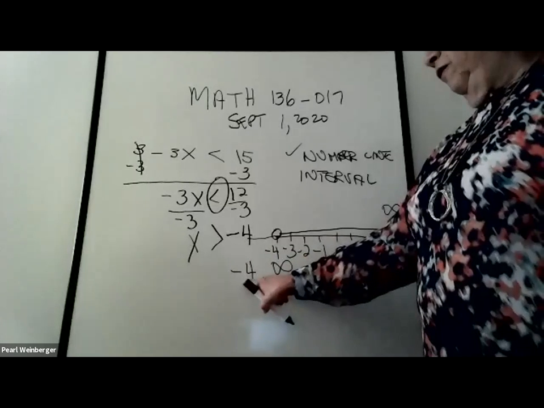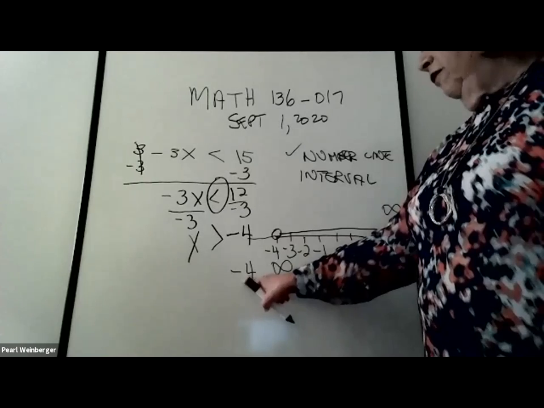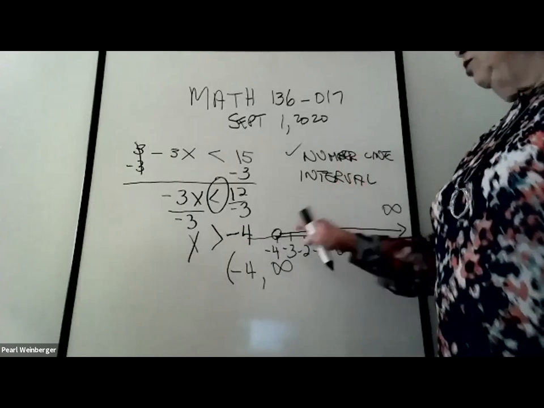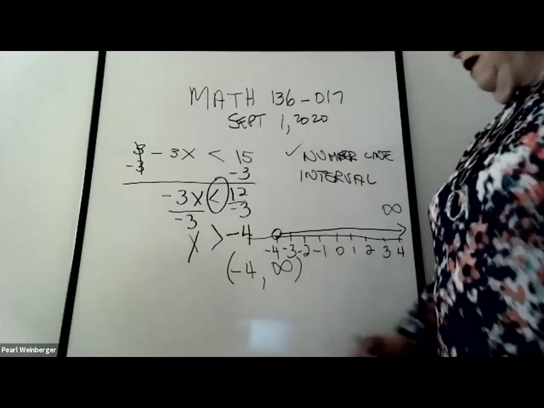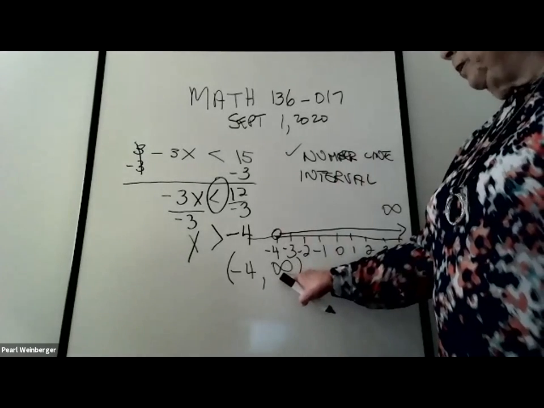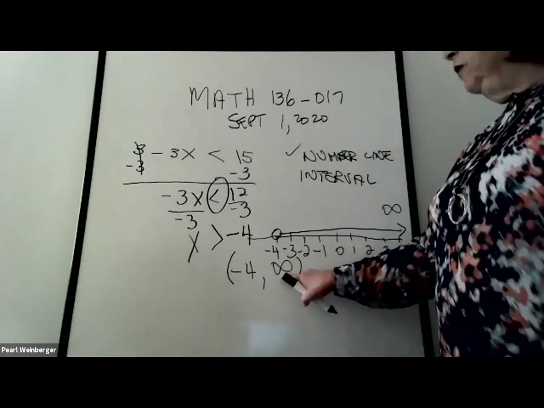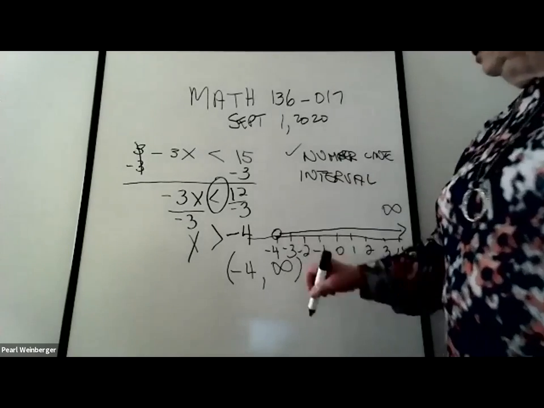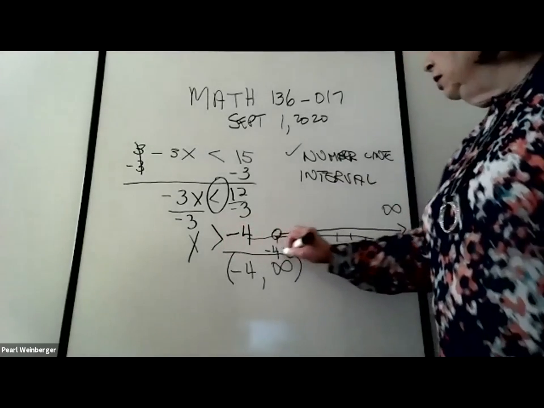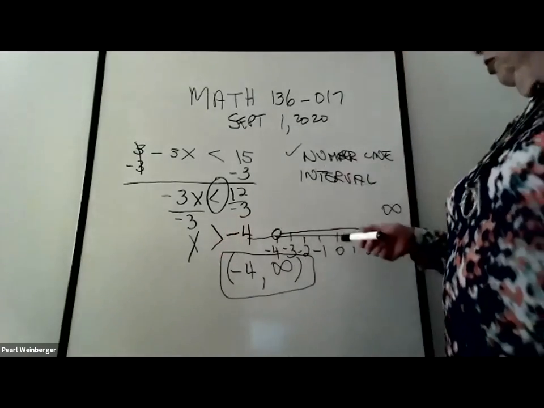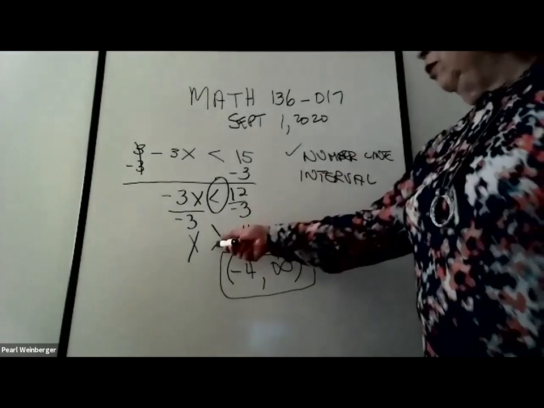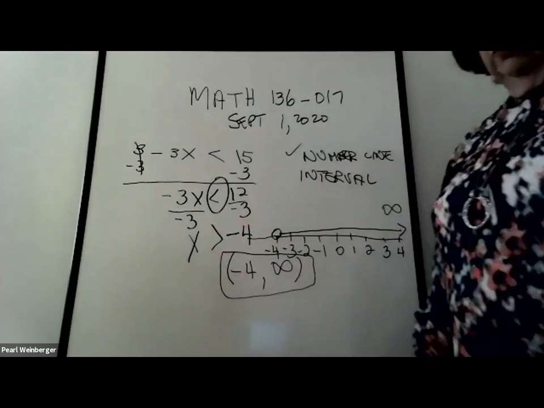So first of all, at negative 4, since it's an open circle, we put a regular parentheses. Remember, we put a bracket if this would have been a filled-in circle. At the end of the interval, at infinity, infinity always gets a parentheses. So here is my result in interval notation. So we have both the number line, the inequality, and the interval notation.